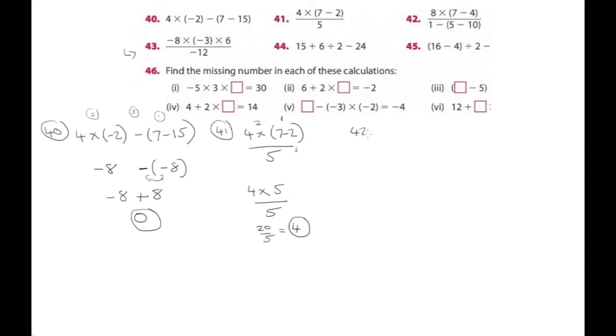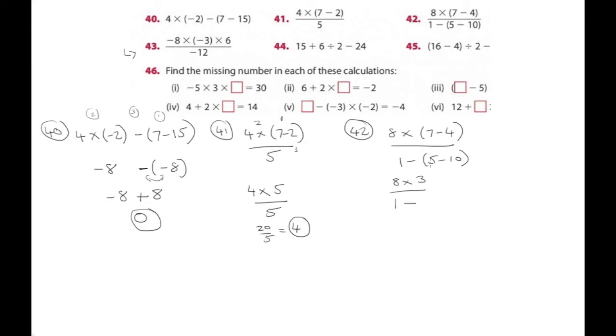And here we have 42. 8 multiplied by 7 minus 4 over 1 minus 5 minus 10. Let's do what's inside the brackets first. 8 multiplied by 7 minus 4 is 3 over 1 minus 5 minus 10, which is going to be minus 5, so that's 1.